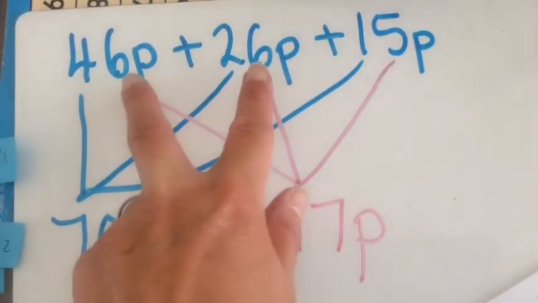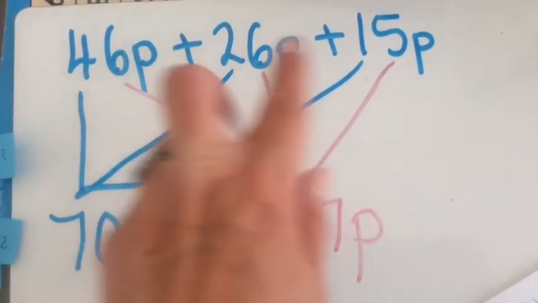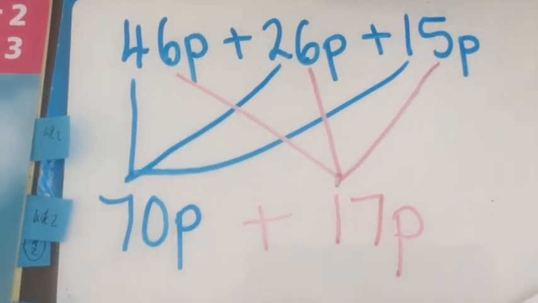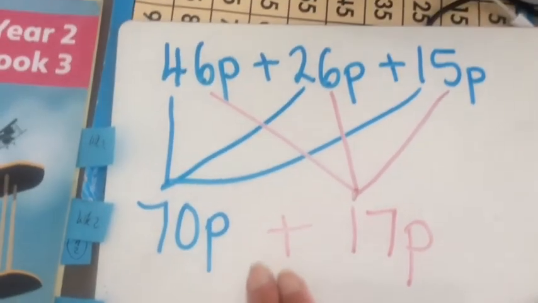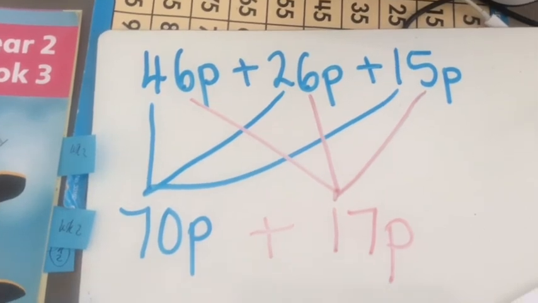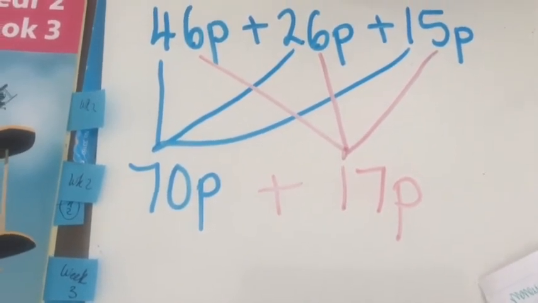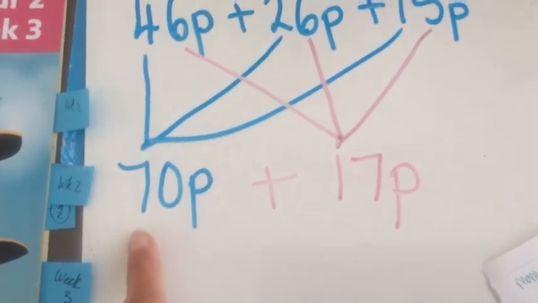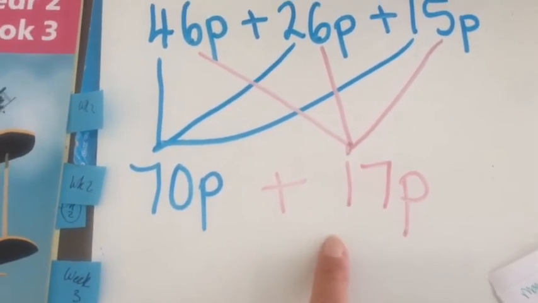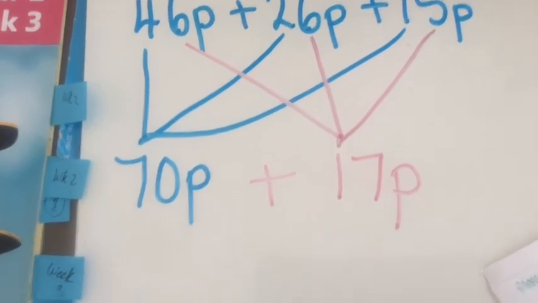I've got double 6 here with my units, that makes 12, add 5, 17. But now we need to recombine. What's 70p add 17p? Hopefully you've done 70 add 10 is 80, add the 7, 87p.